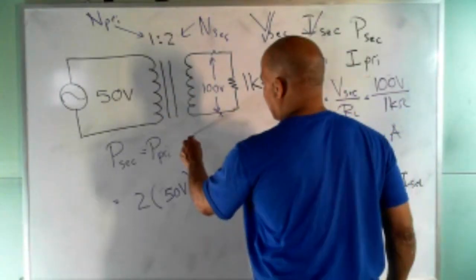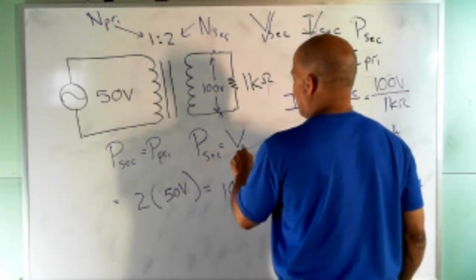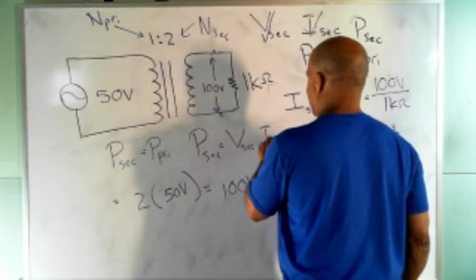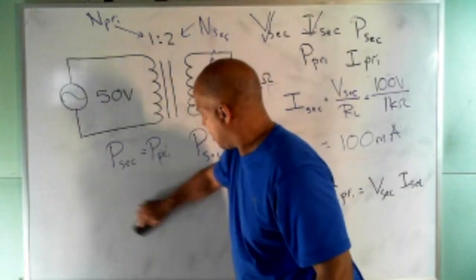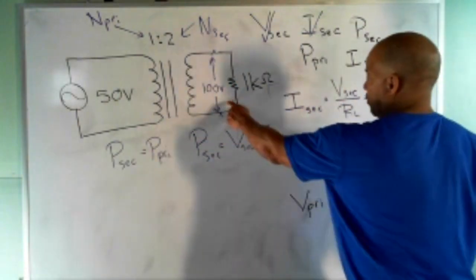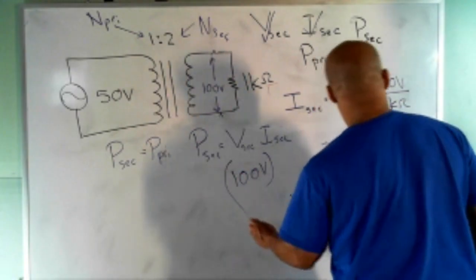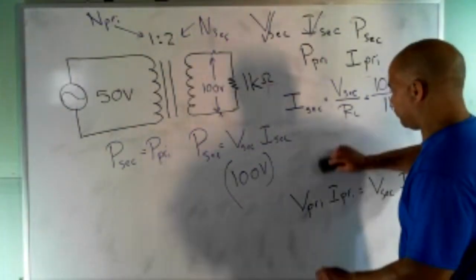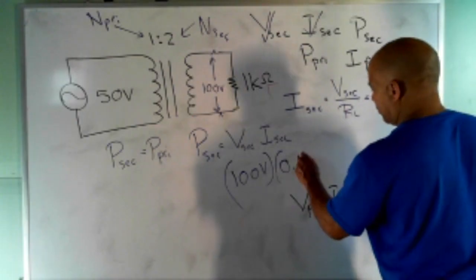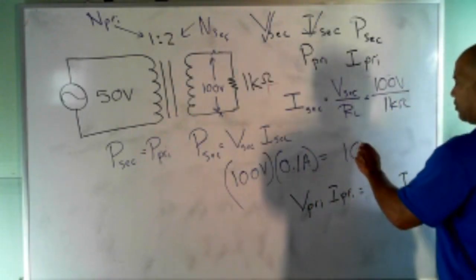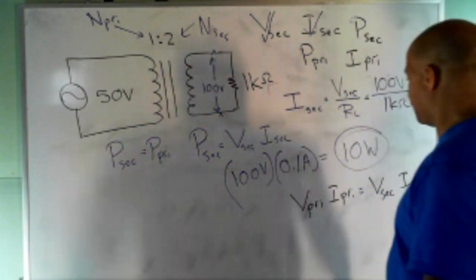Well, we can get P sec easily. It's just V sec times I sec. And we've got both of those values already. So we said this was 100 volts, and the current is 100 milliamps. So we've got 10 watts.